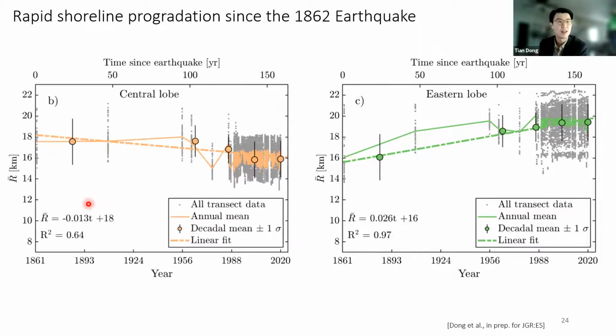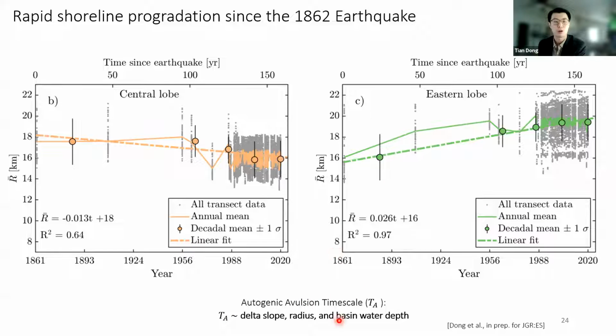In contrast, the central lobe, which is the delta area adjacent to where the earthquake occurred, actually lost all the water and sediment supply because of the avulsion, so it experienced coastal erosion. The shoreline retreated at a rate of about 13 meters per year over the last century and a half or so. This further confirms our finding of how tectonic subsidence can trigger delta lobe avulsion.